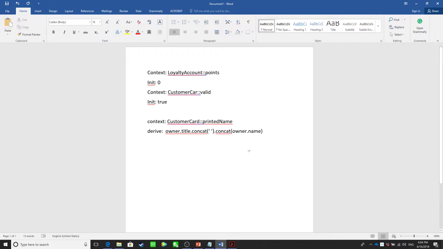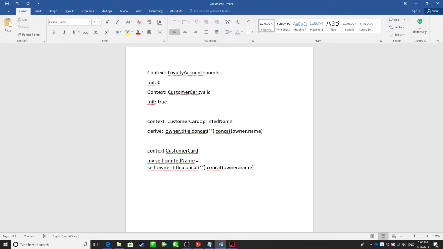Actually, we can do something similar. We use context customer card, and then we can do invariant self dot printed name equals to self dot owner dot title concat and so on.